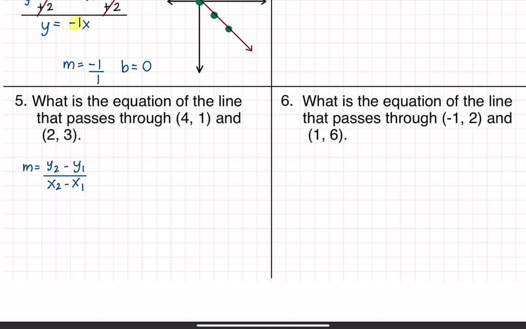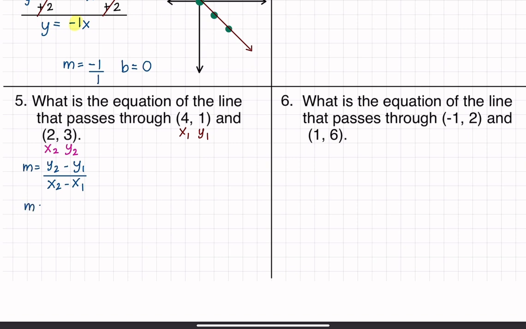So the first point is x sub 1, y sub 1, and the second point is x sub 2, y sub 2. Now that we know our x sub 1 and y sub 1, x sub 2 and y sub 2, we will just substitute them into the formula. Let's start.